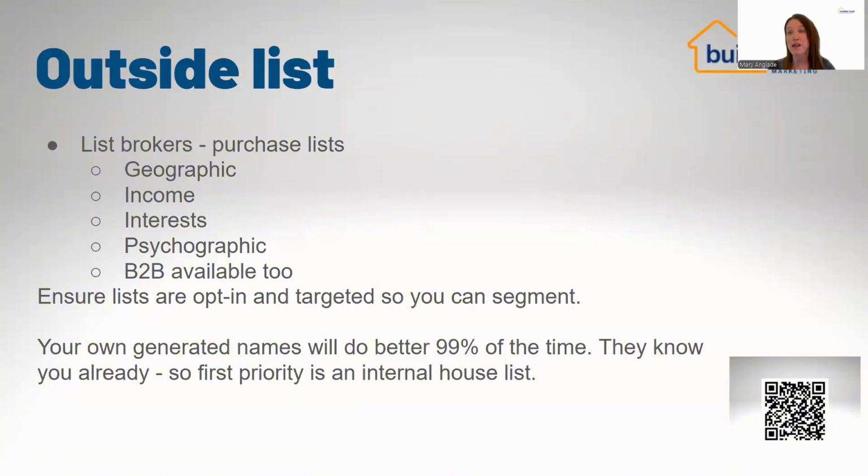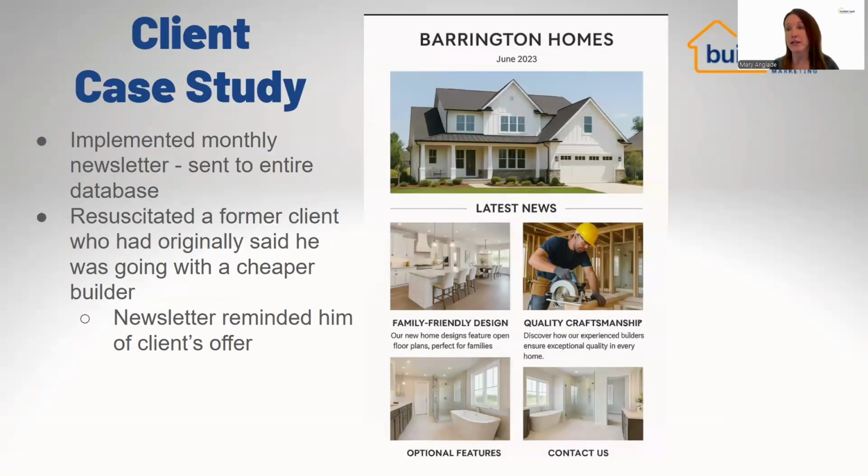Ensure they're opt-in. If you use a reputable list broker, you should be all set here. I do encourage that you look for people that have very solid reputations. The other thing is typically the best performance will come from the people who come to your website and give their email address.